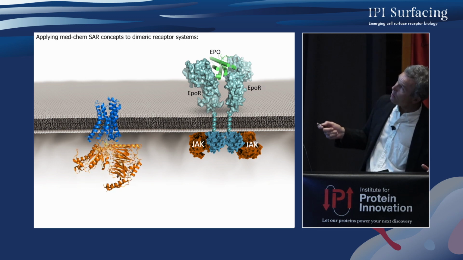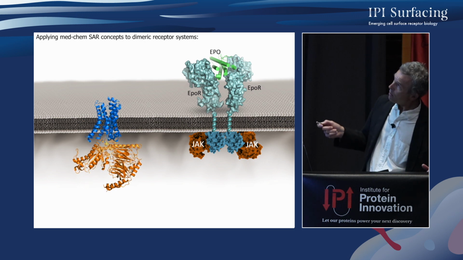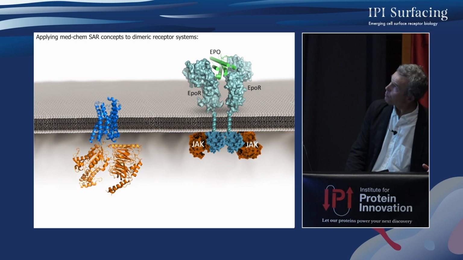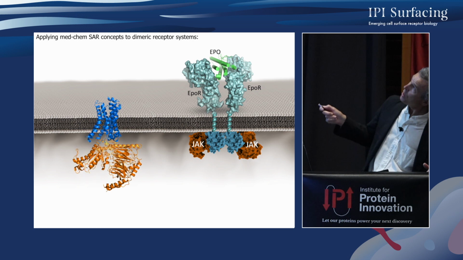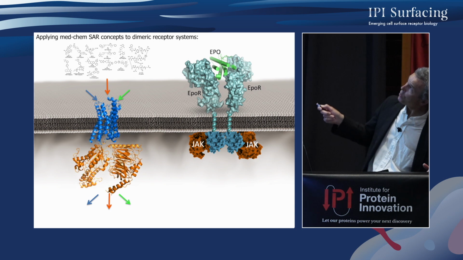The way I think about this is that GPCRs function through shape change. Could we take some of that general idea and apply it to dimer structures, where we could change the dimer geometry in a medchem sort of way, with molecules that dimerize in different geometries, and then select for activity?